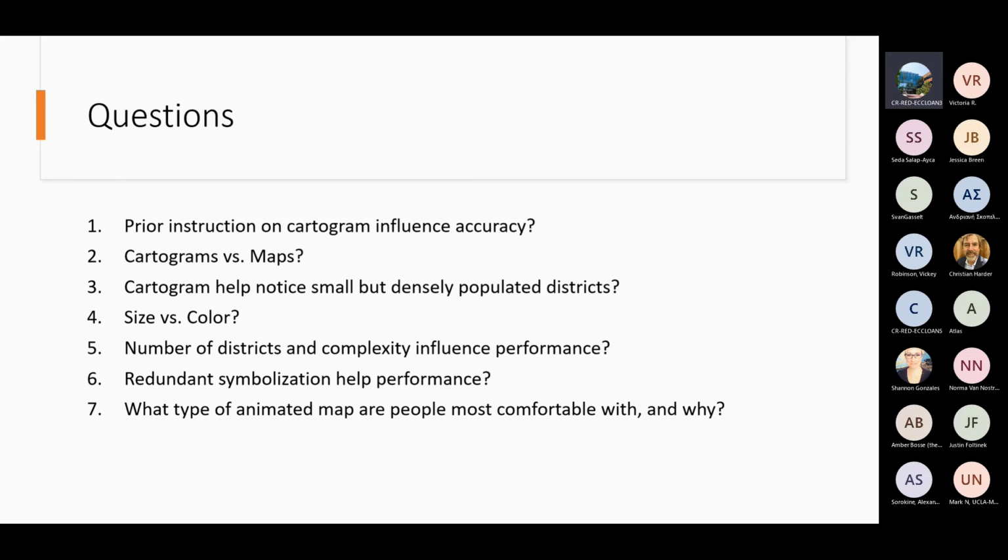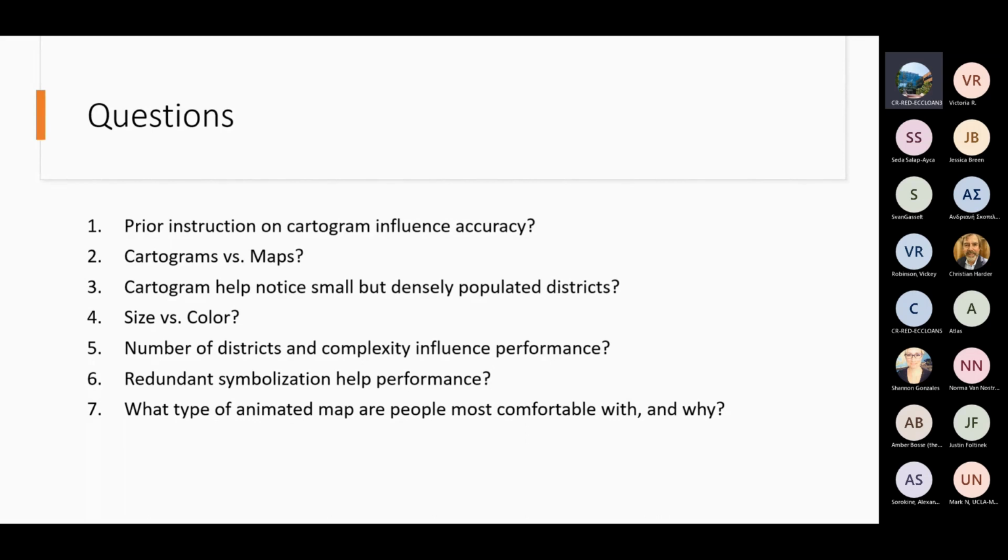Here are 7 questions that we try to answer. The first 3 are about cartograms. First, whether prior instruction on cartograms influences accuracy, and we also test the effectiveness of cartograms and maps, and whether cartograms help notice small but densely populated districts.